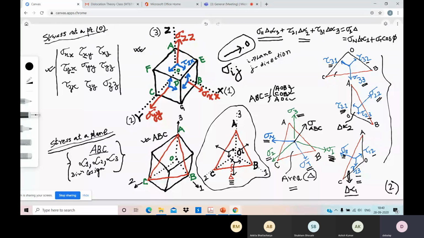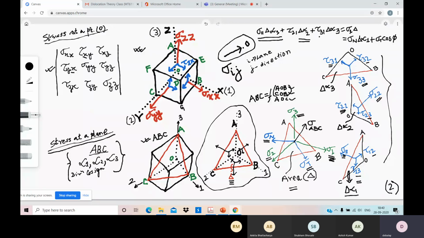Similarly, the area of plane number 3, that is OCB or OBC, is delta alpha 3. As we say, delta is the area of the ABC plane, which has alpha 1, alpha 2, alpha 3 direction cosines.